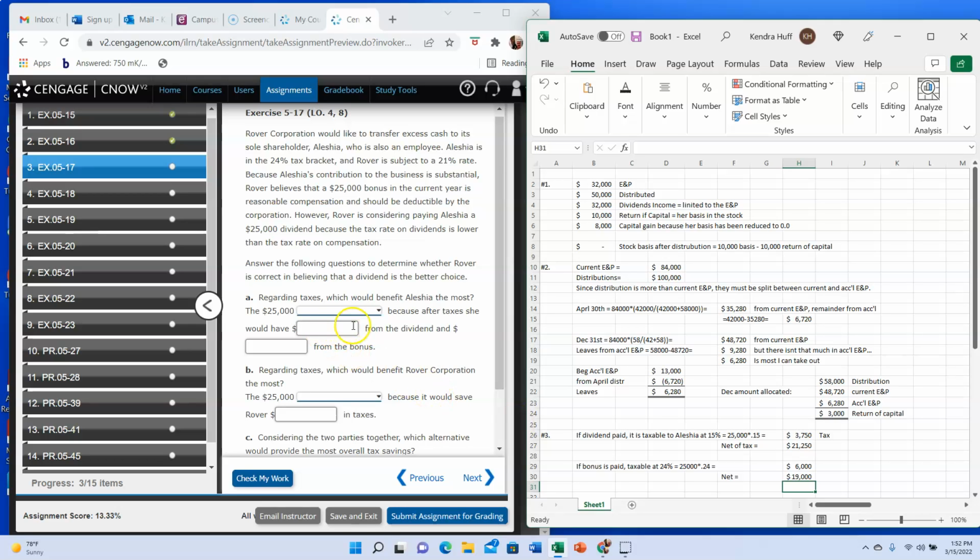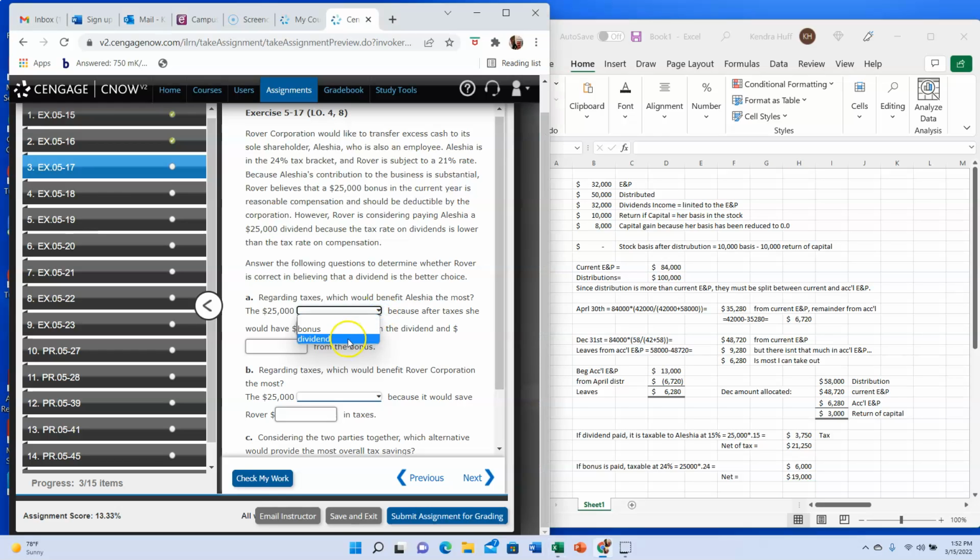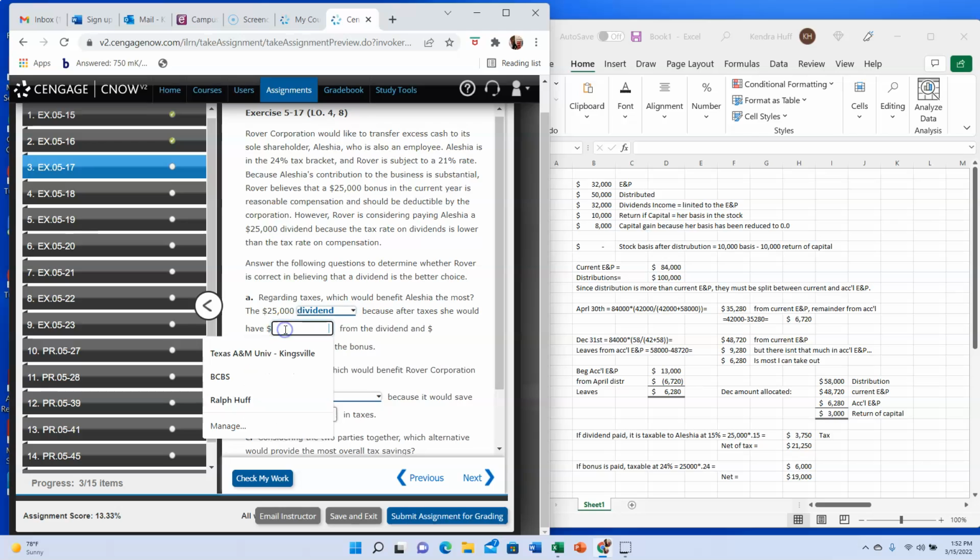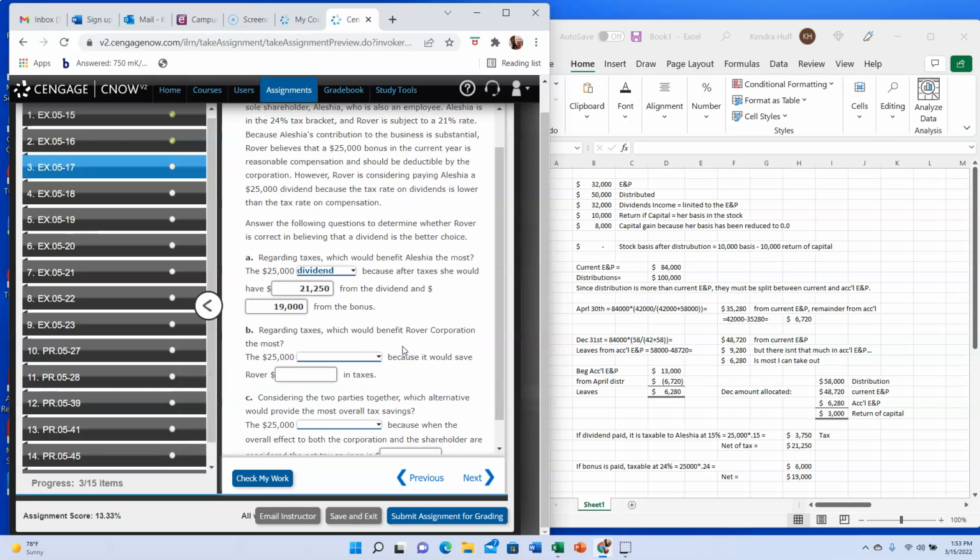Okay, so the $25,000 dividend would benefit her because after taxes she would have $21,250 from the dividend and only $19,000 from the bonus. All right, regarding taxes, which would benefit Rover Corporation the most?